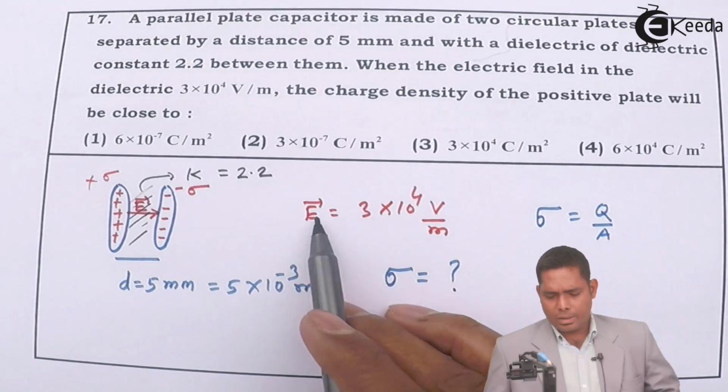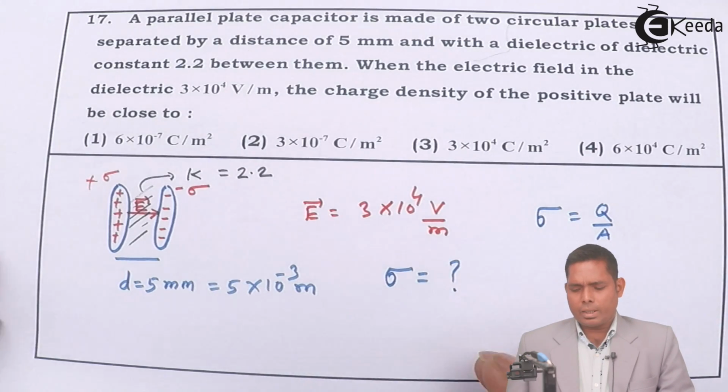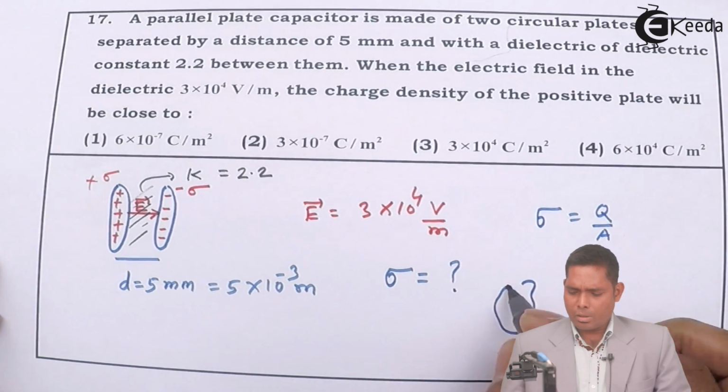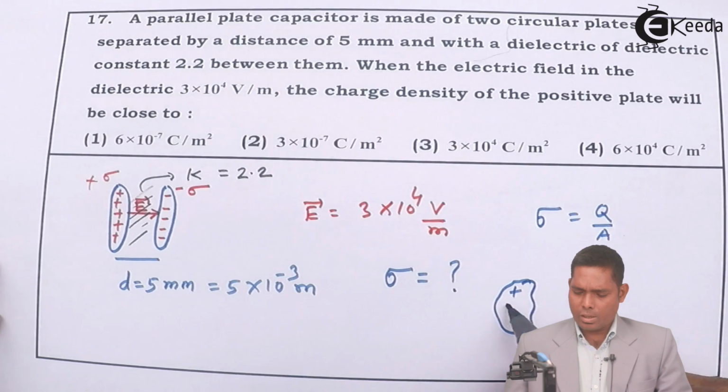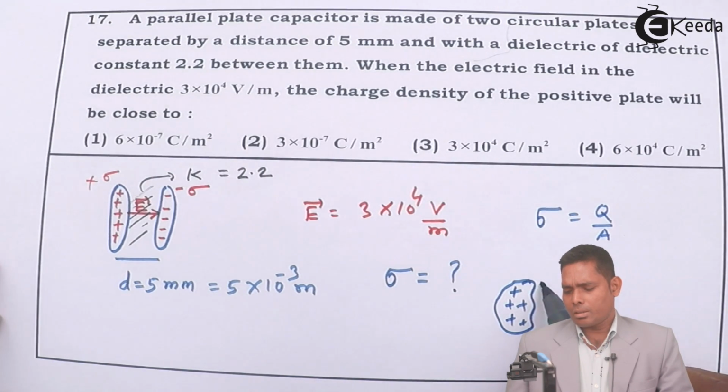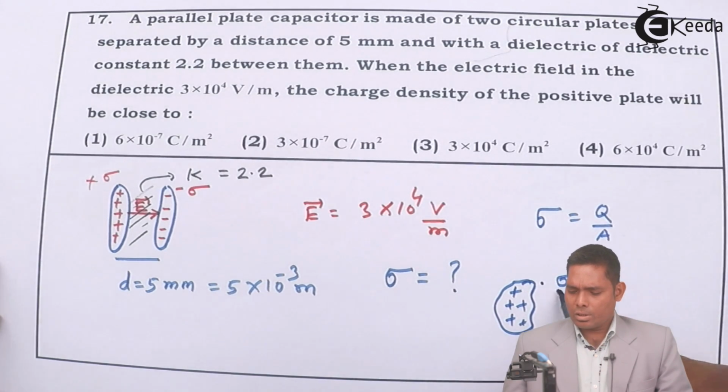Now, to find the electric field, we know that near a charged conducting body of any shape, the electric field is sigma upon epsilon.